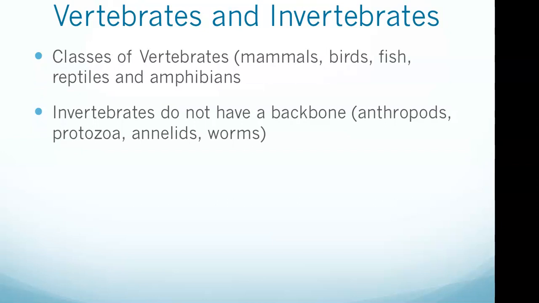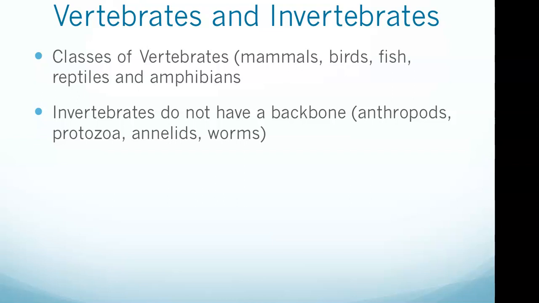With vertebrates and invertebrates, the 5 most well-known classes of vertebrates, which just means animals with backbones, are mammals, birds, fish, reptiles, and amphibians. They are all part of the phylum Chordata, which perhaps is easiest to remember by thinking of spinal cord.